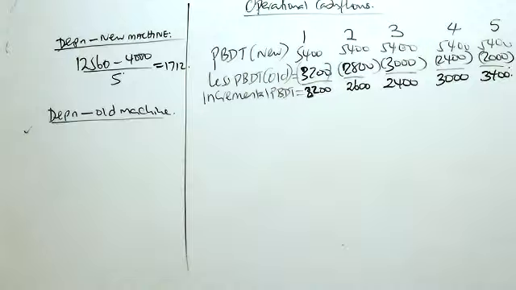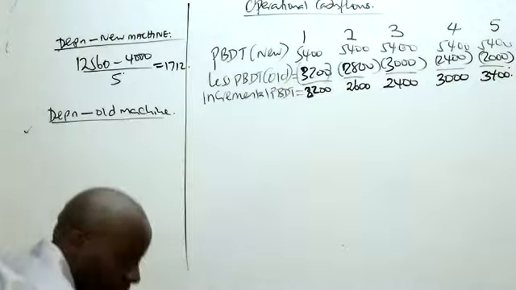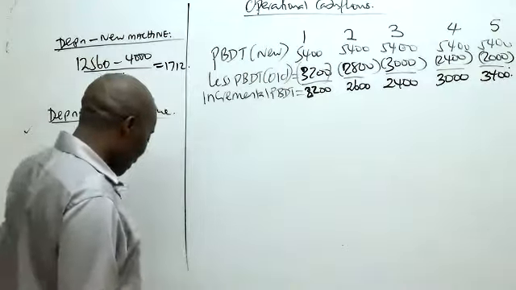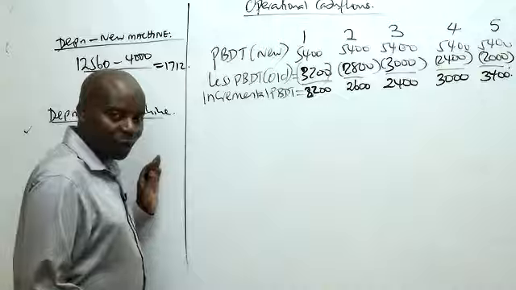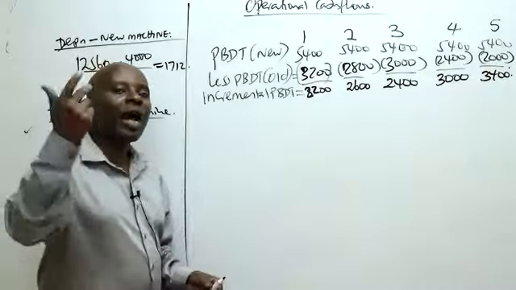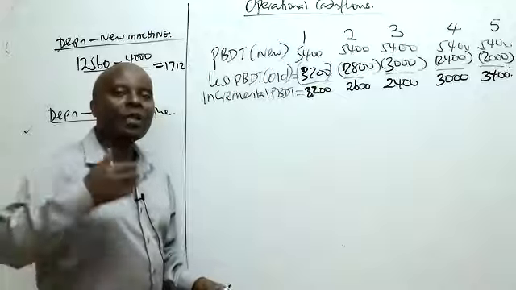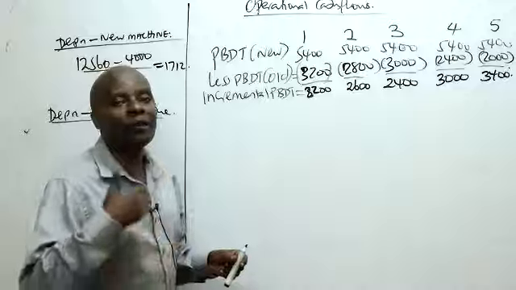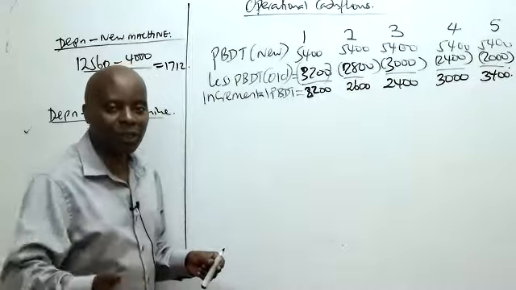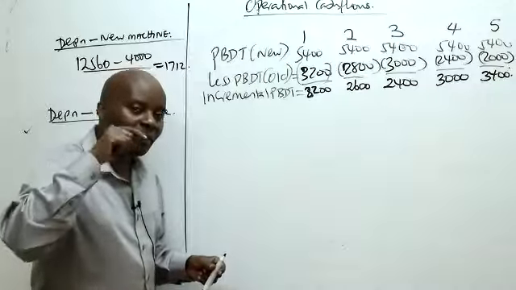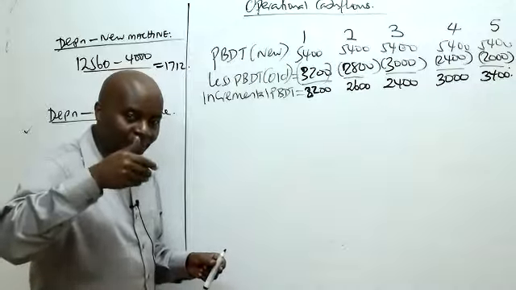Let's see who is correct. Ladies and gentlemen, remember, the old machine was bought 2 years ago. Immediately after 2 years, we decided to revalue the machine. When you revalue the machine, moving forward for purposes of depreciation, you should capture it at the net book value of that machine at the beginning of the next era.